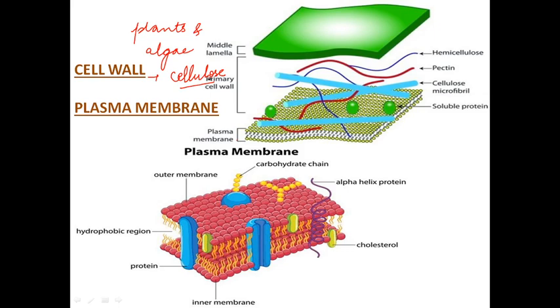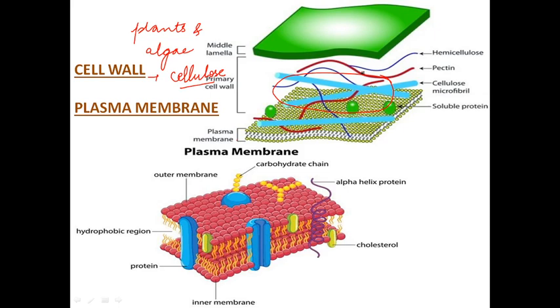One is the primary cell wall, which is immediately outside the plasma membrane, whereas some cells produce a secondary cell wall outside the primary cell wall, known as the secondary cell wall. When a plant cell divides, a thin gluey layer is formed between the two new cells, as you can see in the diagram, which becomes the middle lamella.